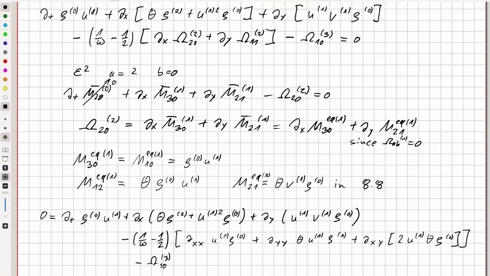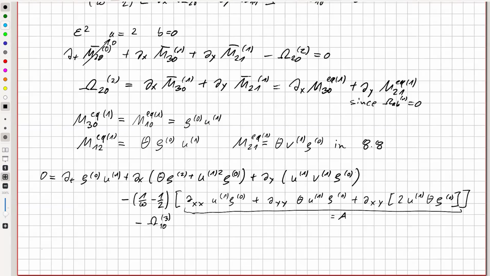Now I'll call the entirety of this A, and say that A is equal to rho 0 theta, so this is what I take out, dxx u1 plus dyy u1.